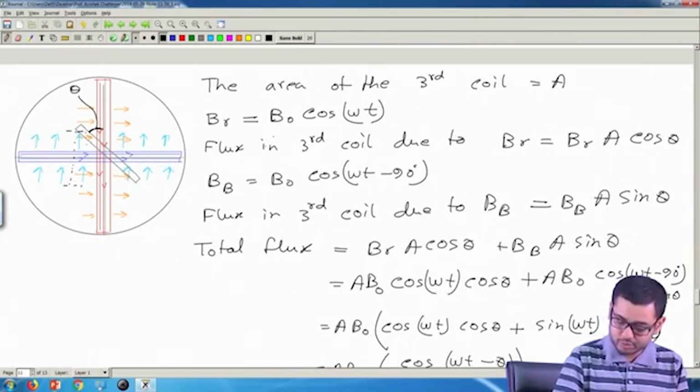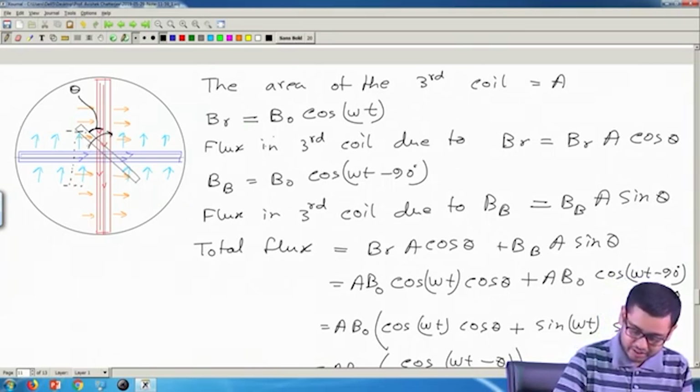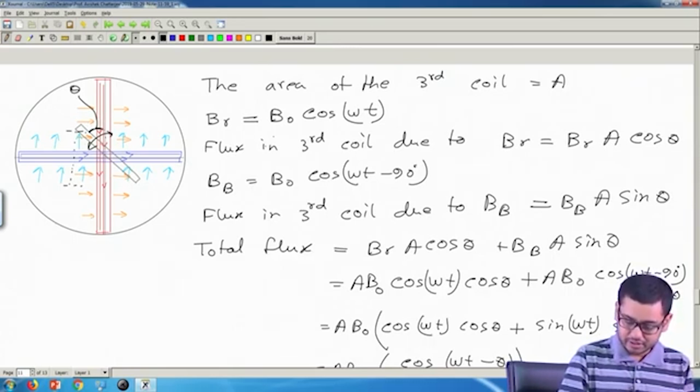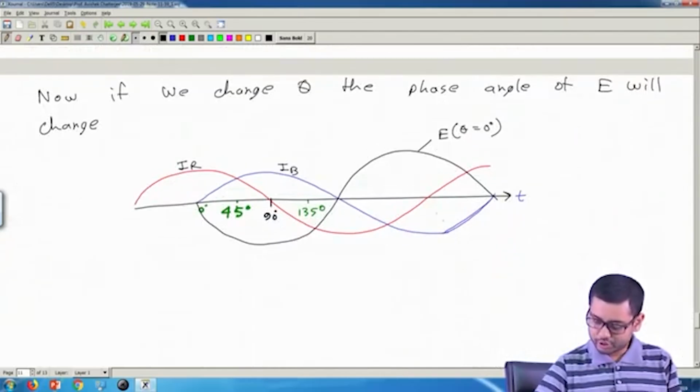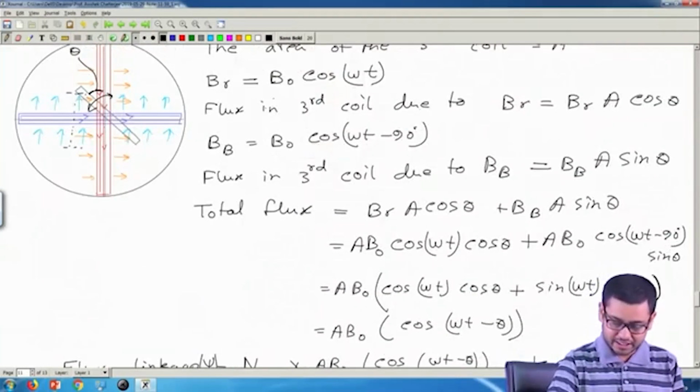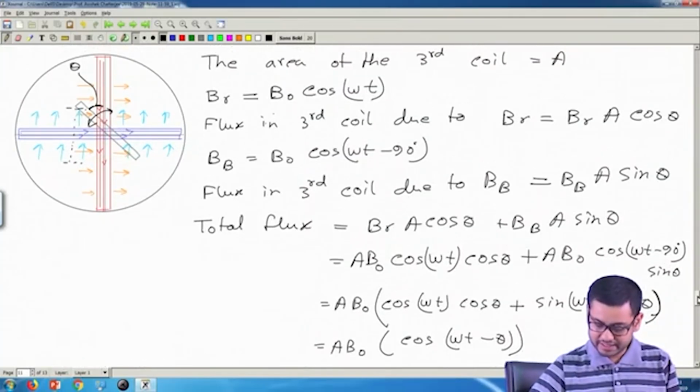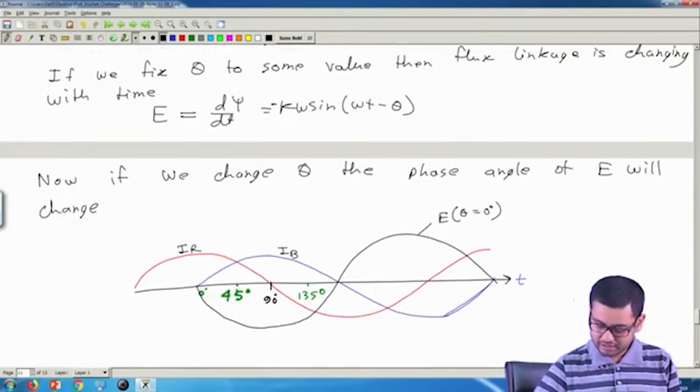This coil is movable. I can keep this coil here and lock it so that it doesn't move by any chance. So I can change theta. For 0 degree theta, that means when the coil is vertical, this will be the form of the EMF.